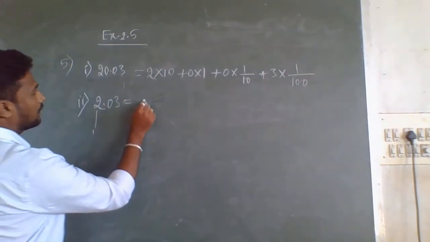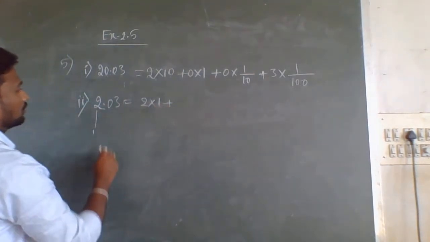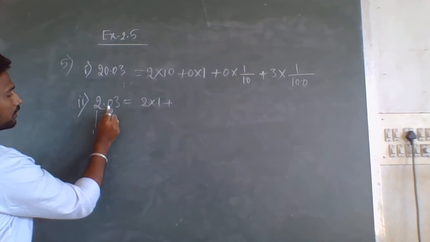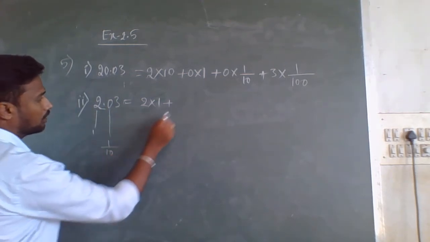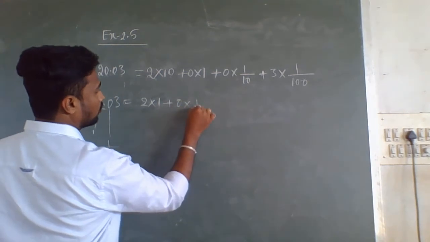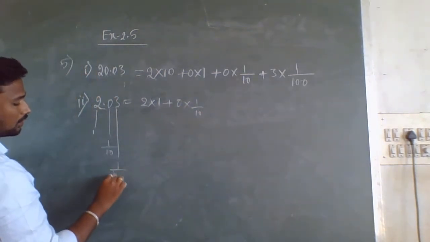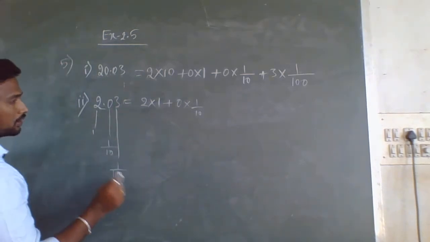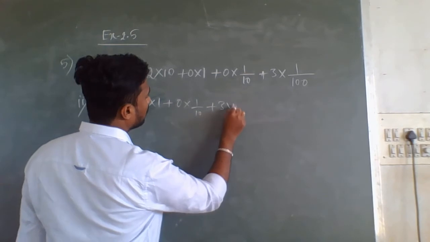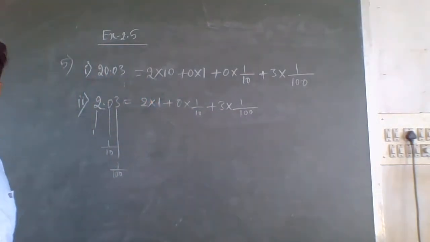So you can write directly 2 into 1 plus next after decimal point tenth position, means 1 by 10, so plus 0 into 1 by 10. Next this is at the hundredth position, means 3 is at the 1 by 100 position, means 3 into 1 by 100. Okay.